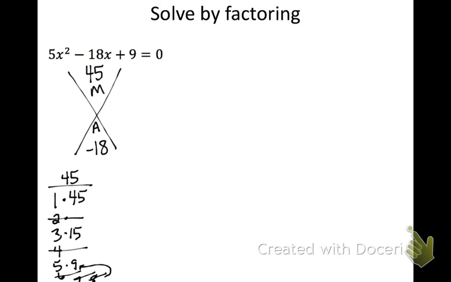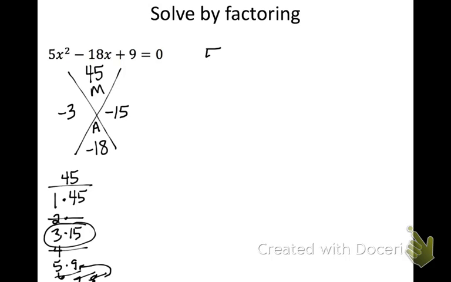So now we really only have 3 factors to pick from, and the ones that could add up to -18 are 3 and 15. We just need to make both of them negative. Again, this is where you need to double check that they add up to -18 and multiply to a +45. That's the most common mistake that people make.